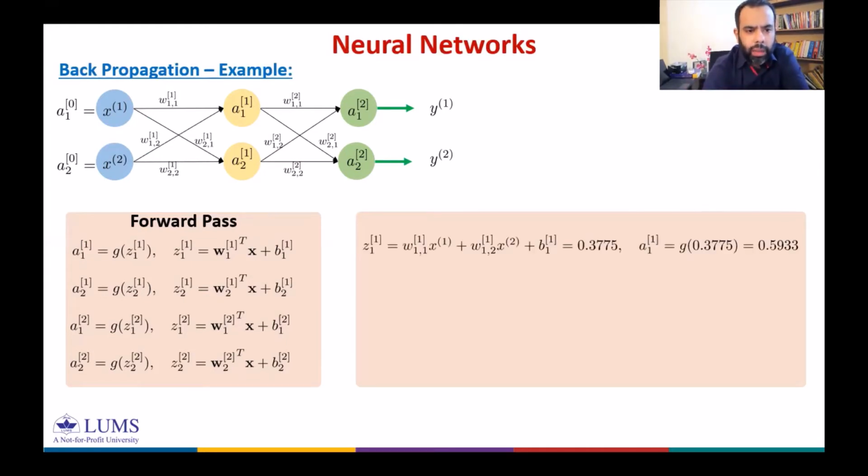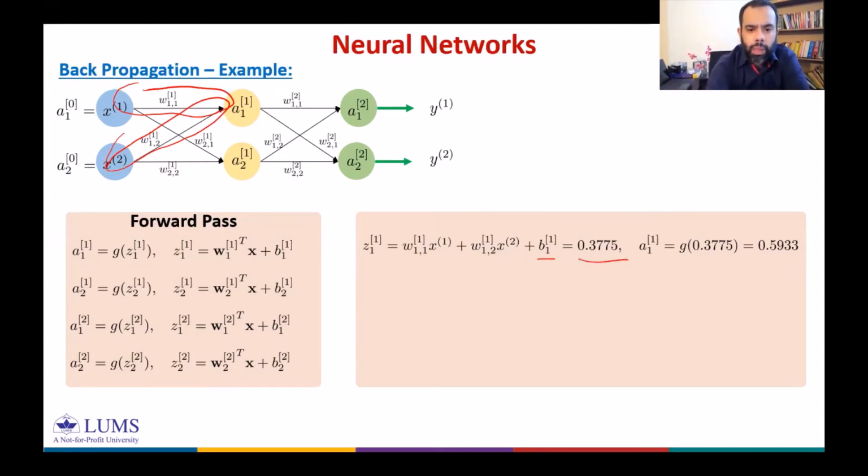So the pre-activation output for the first node in the first layer would be W111 X1 plus W112 X2 plus the bias for the first layer. When you compute using the values, you get this value.